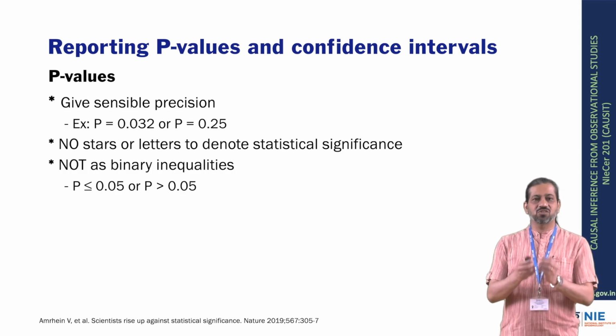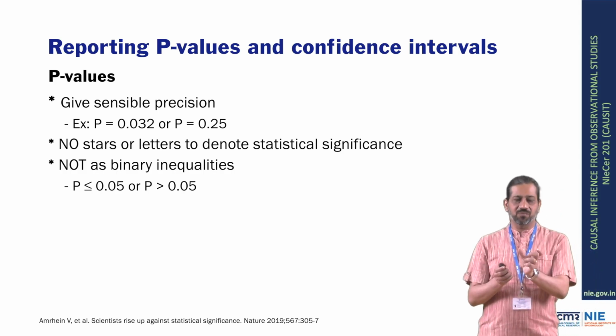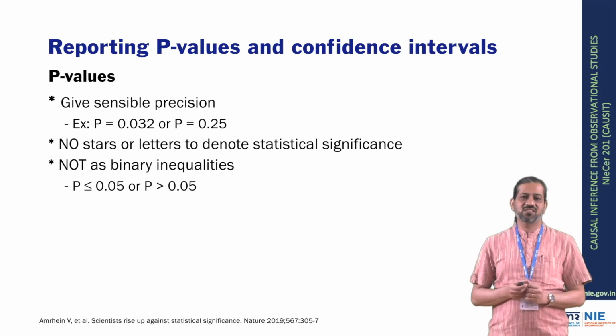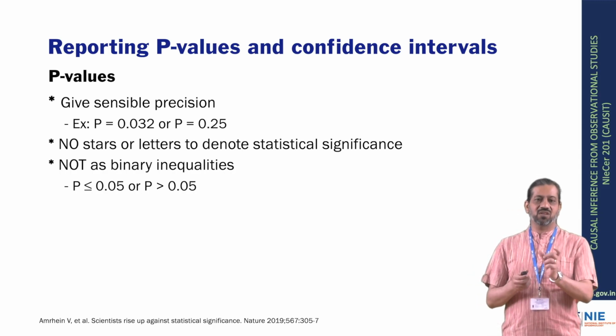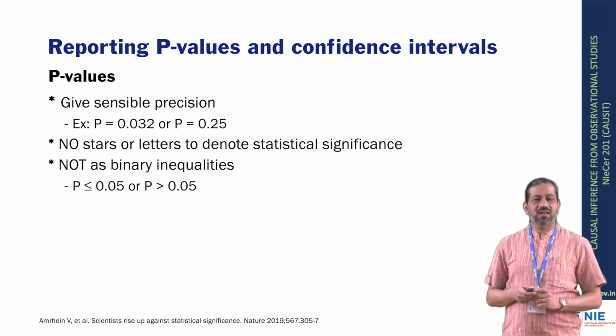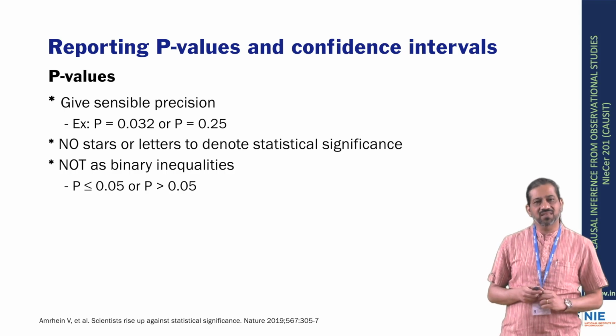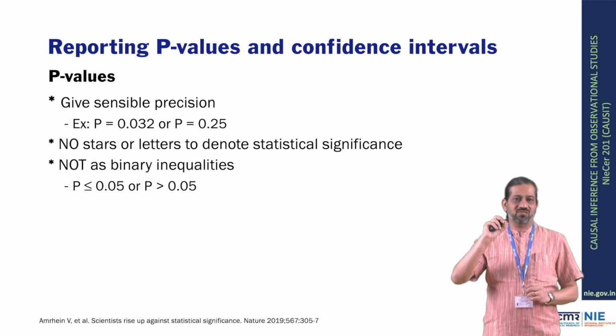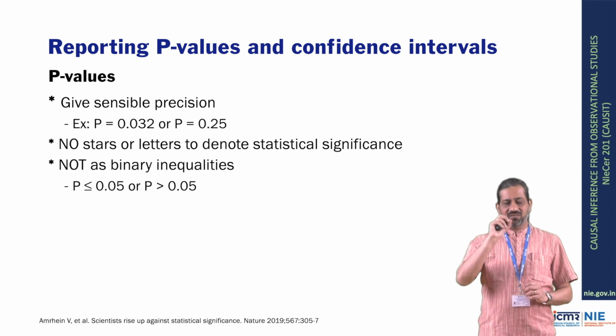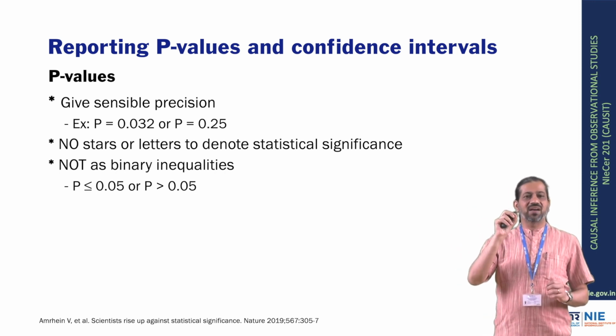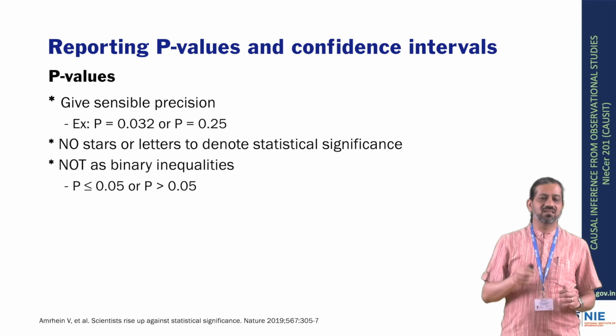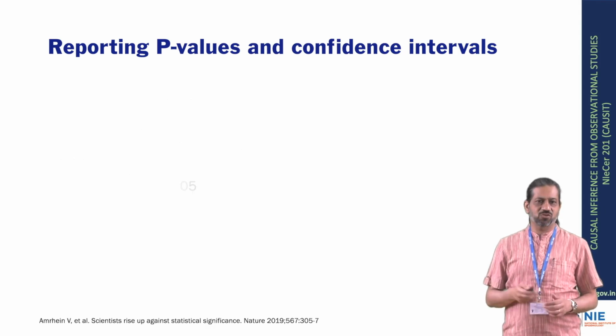We should give the actual value of the p-value, and usually statisticians suggest giving it up to 3 decimal places. Many times people put asterisks, stars, underlines or bold p-values to denote statistical significance. Again, that should be avoided.